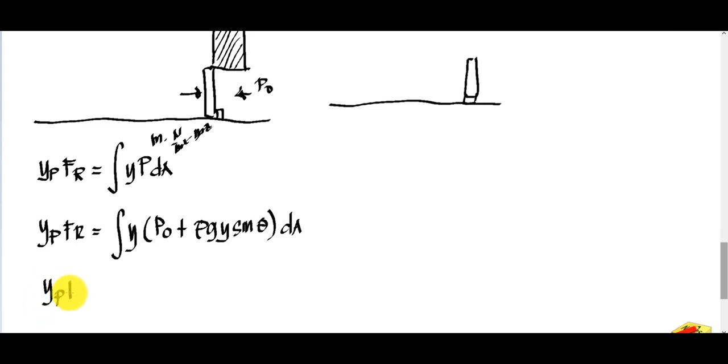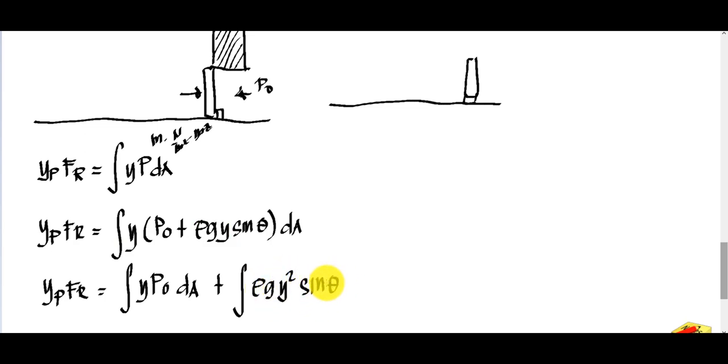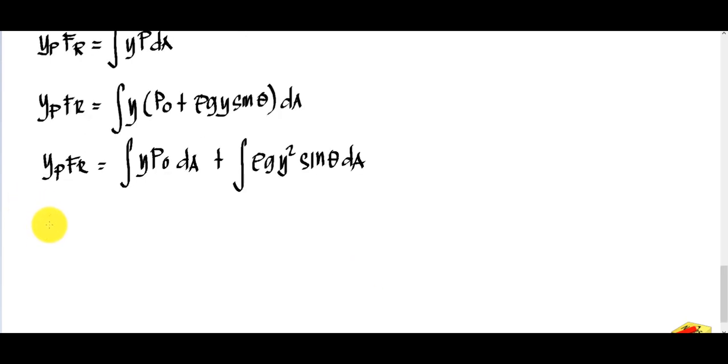Let's rewrite our equation. Distribute the values here. We have the integral of y times the differential area, plus the integral of density, gravity, then distribute: y squared multiplied by sine of theta, then differential area. Let's rewrite the equation, bringing out the constants.